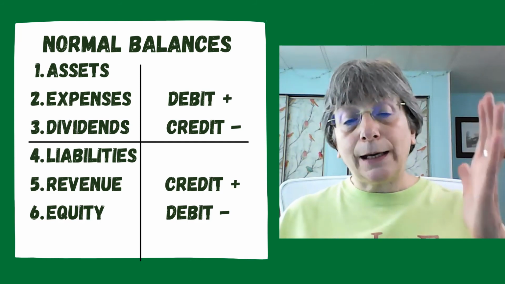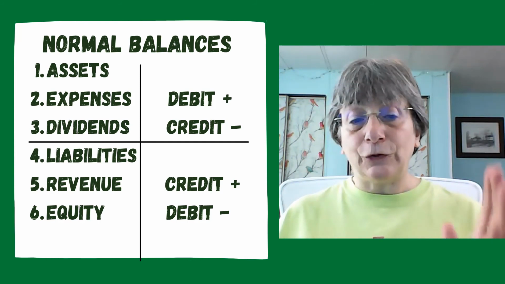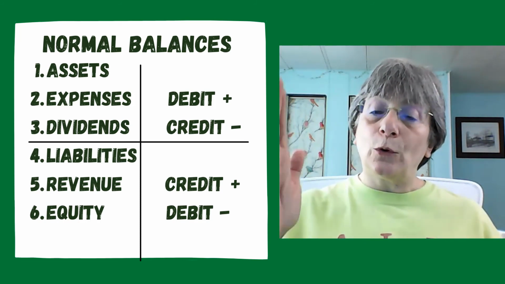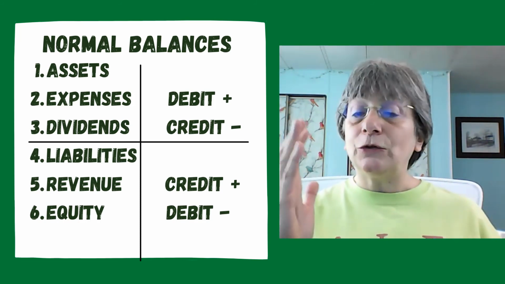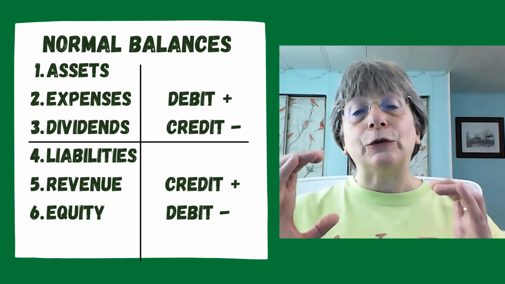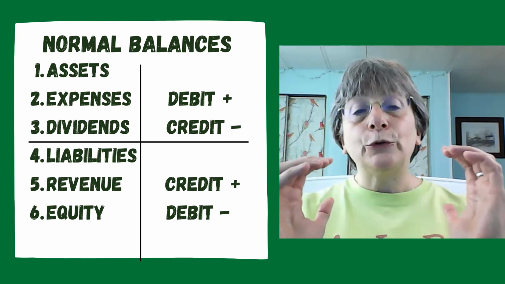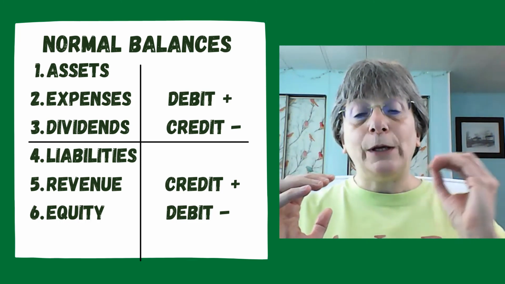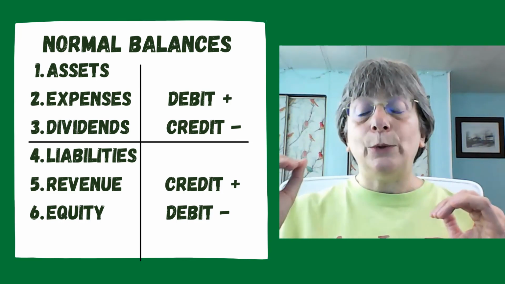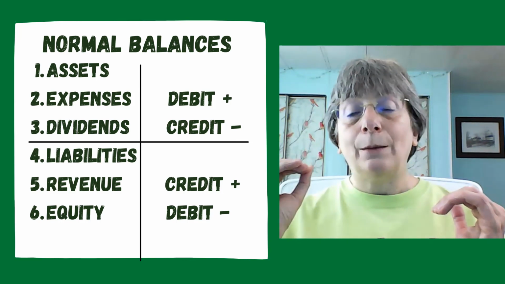And then we've got accounts that have normal debit balances: assets, dividends, expenses. And we've got accounts that have normal credit balances: liabilities, revenue, equity. And the way that we increase and decrease those is based on those normal balances. So you increase a normal debit balance by debiting it, and you increase a normal credit balance by crediting it.